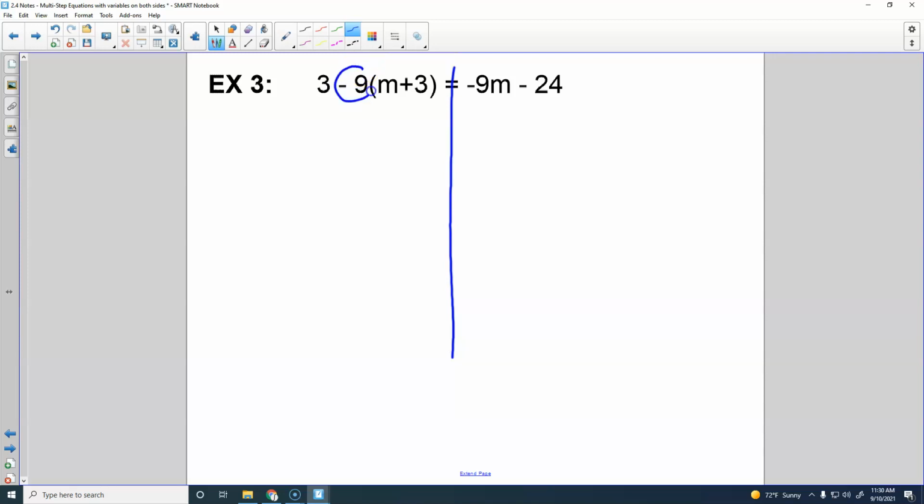Good. We're going to distribute, and I like that you told me that's at negative 9 we're distributing. So this 3 just hangs out front. Then what will we get, Vince? Right? Minus 9m, and then we'll distribute to that 3 also. What will that give us? Negative 27 plus negative 9m minus 24.